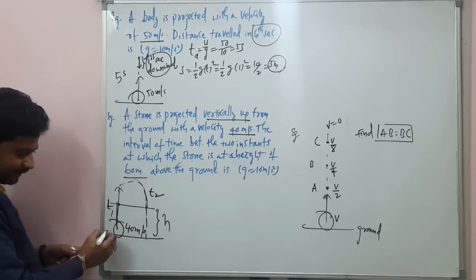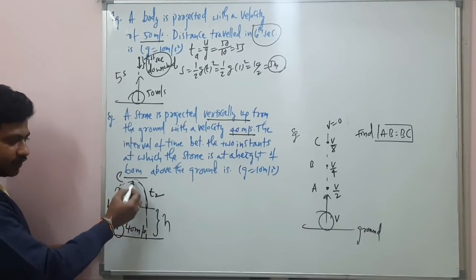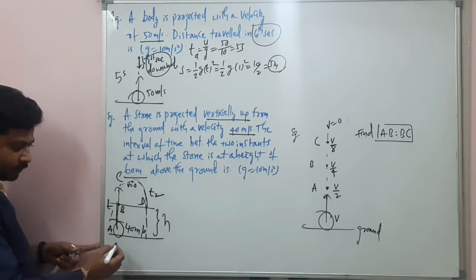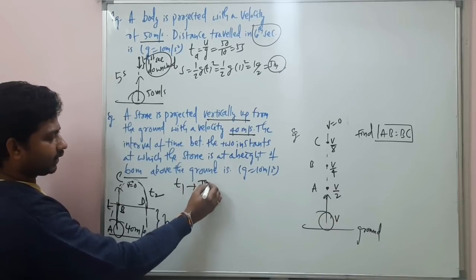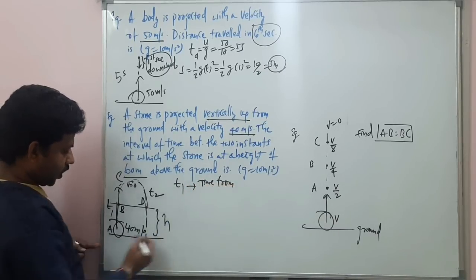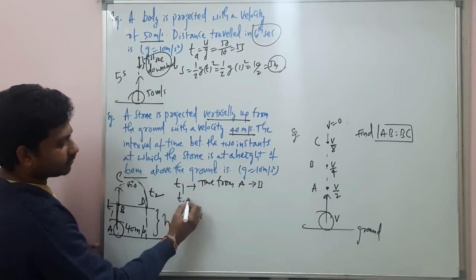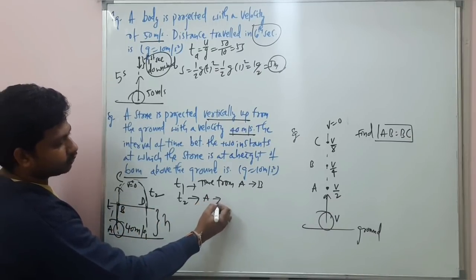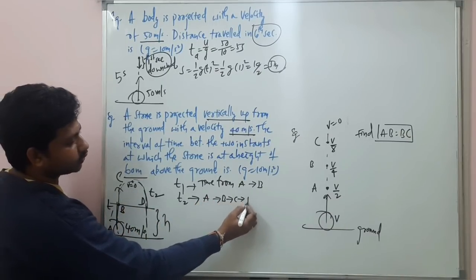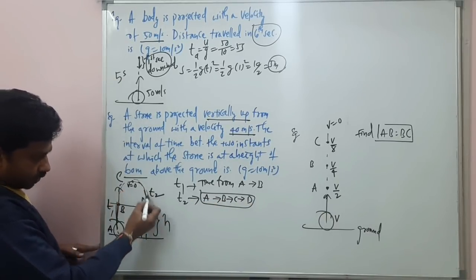For your better understanding, imagine this is point A and this is point B and this is point C at the maximum height and that is point D, right? So, T1 is the time taken from origin A to B. And T2 is the time taken from A to B, B to C, C to D. So the time taken in this case is T2 from here to here.